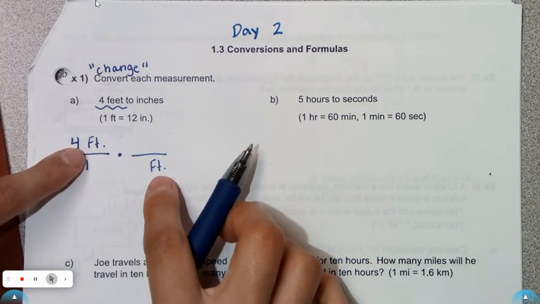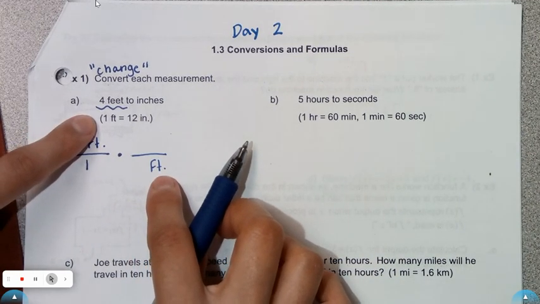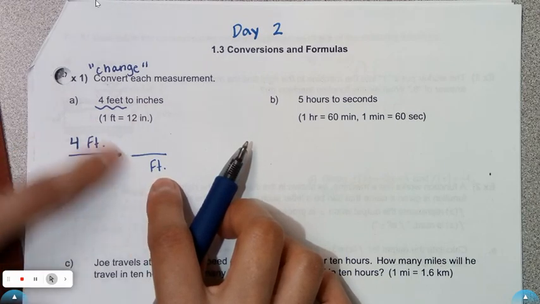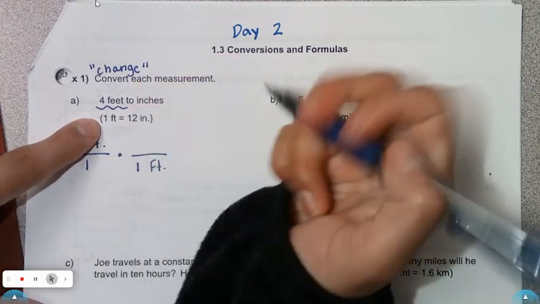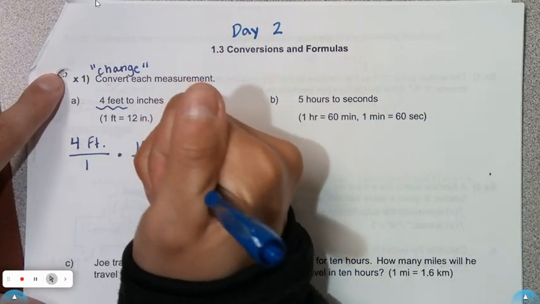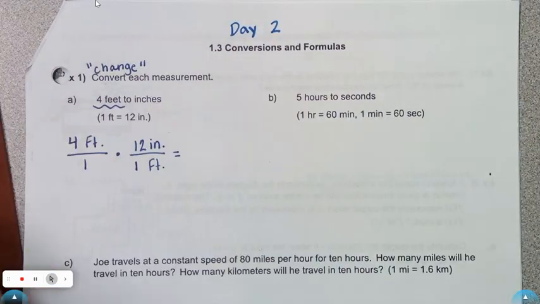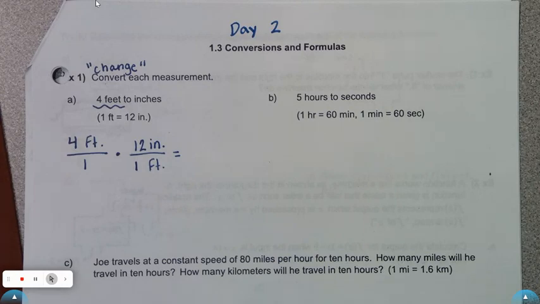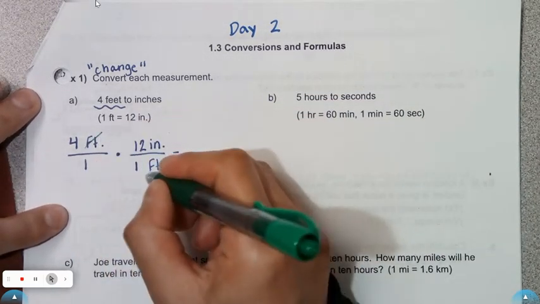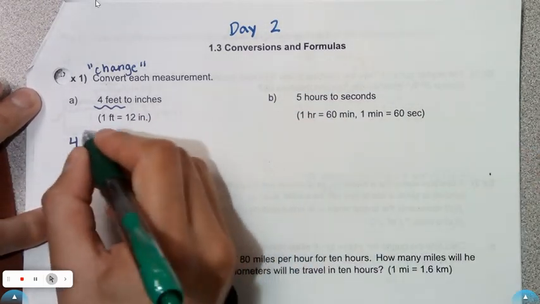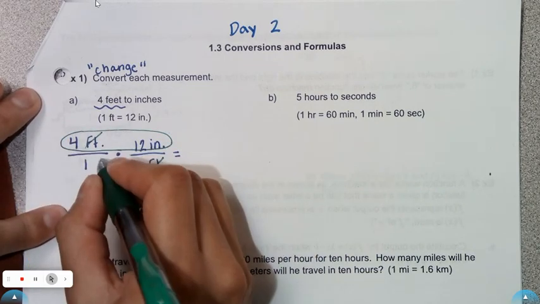Always write the words first and then go back and plug in the numbers. The number in front of the word feet is the number 1. That means the 12 inches will go on top. All right, at this point, I'm going to cross off the stuff that's the same, so my units, feet goes with feet. Then I multiply all the top and I multiply all the bottom.